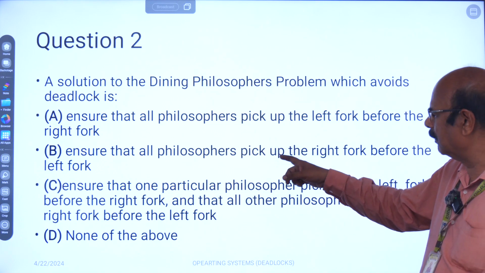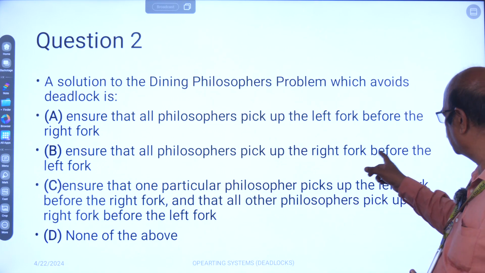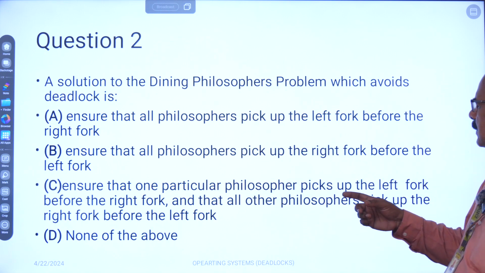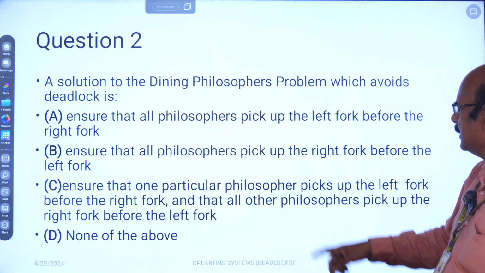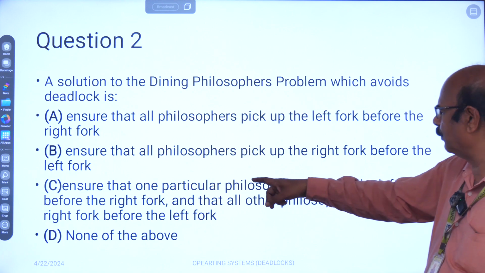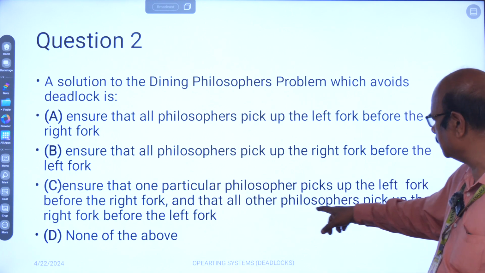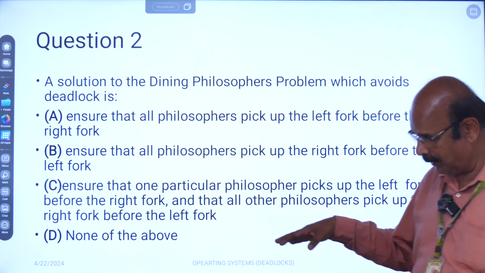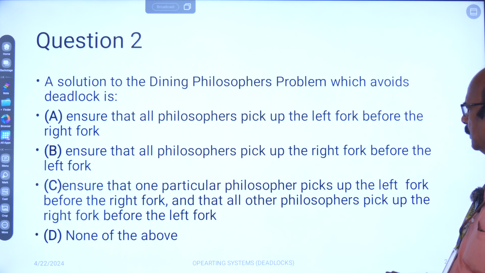Option B: ensure that all philosophers pick up the right fork before the left fork. See the difference in that. Option C: ensure that one particular philosopher picks up the left fork before the right fork, and that all the other philosophers pick up the right fork before the left fork. Option D is none of the above.